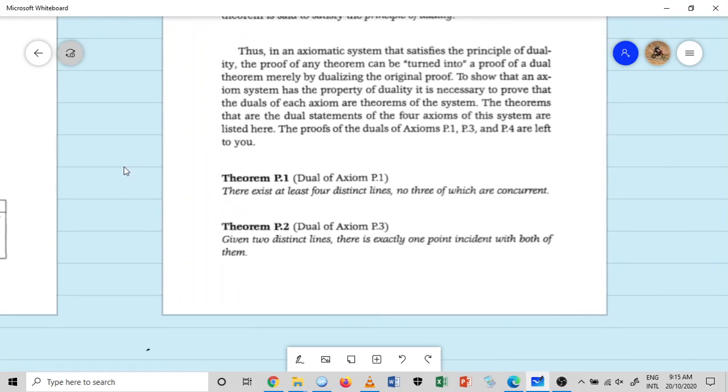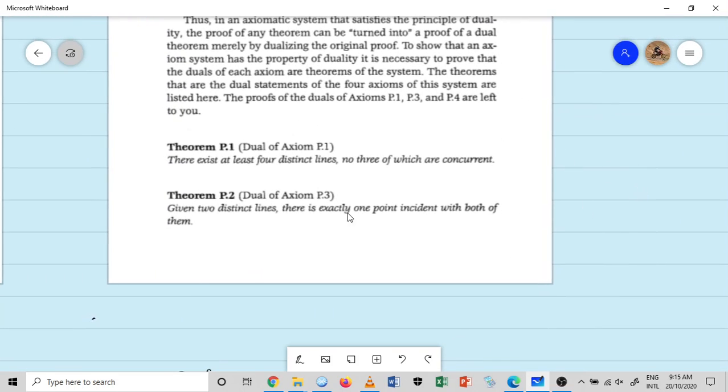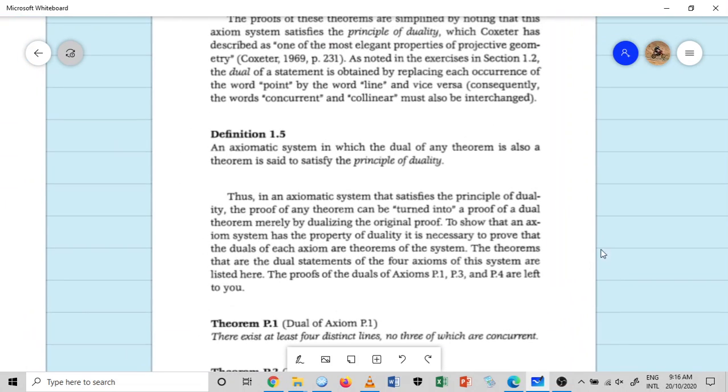Okay, so here we have the dual of axiom P.1. Recall that when we say dual, we simply interchange the words lines and points, and consequently we would also interchange the terms incident, collinear and concurrent.